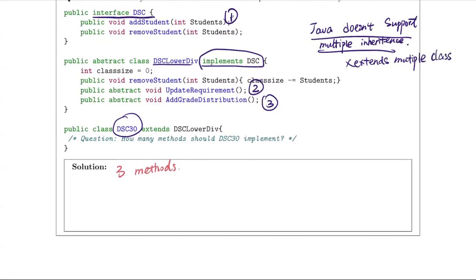It means that you cannot extend multiple classes, but you could do these chains, like the interface DSC that DSC lower div implements, and then a concrete class that extends this abstract class.